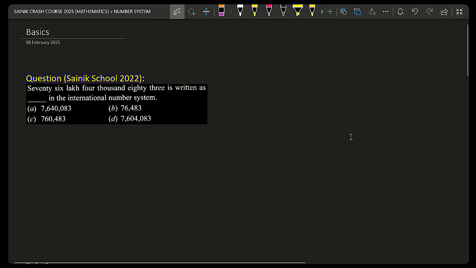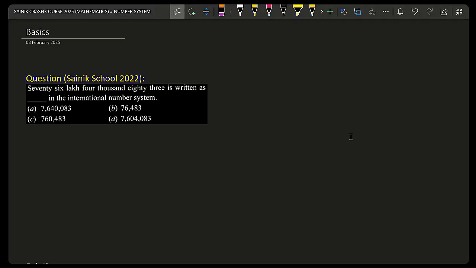Srivasu, can you answer this question? Sir, B. Okay. First read the question, Srivasu. 76 lakh 4083 is written as dash in the international number system.